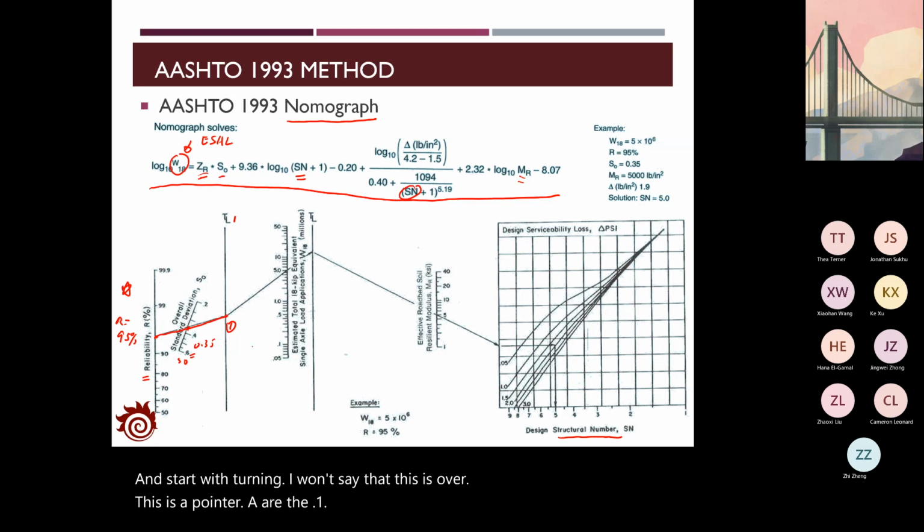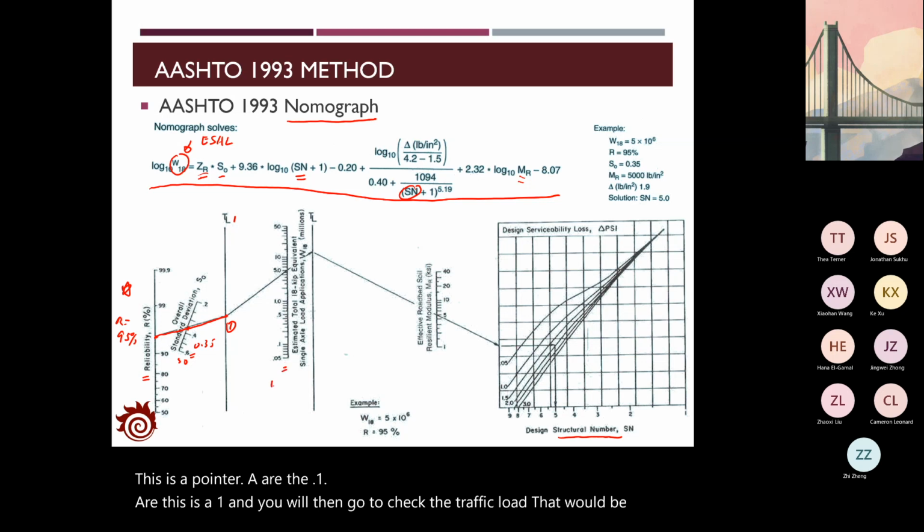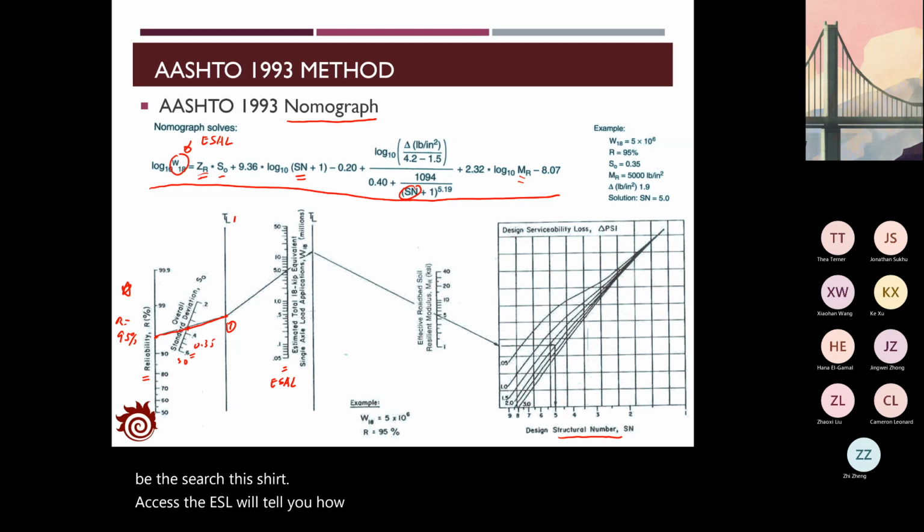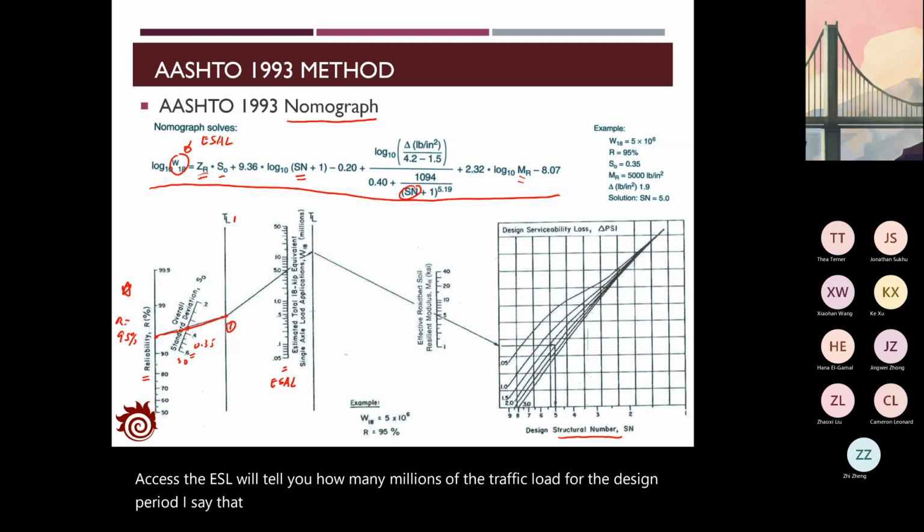And you will then go to check the traffic load. That will be the third axis, the ESAL, which tells you how many millions of traffic load for the design period. Say that in this example the traffic load is around 5 million.